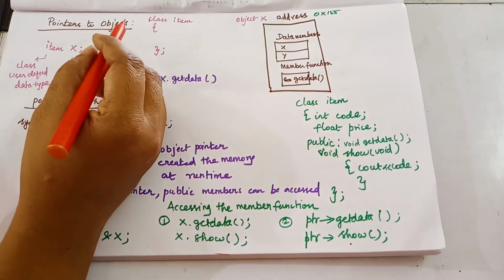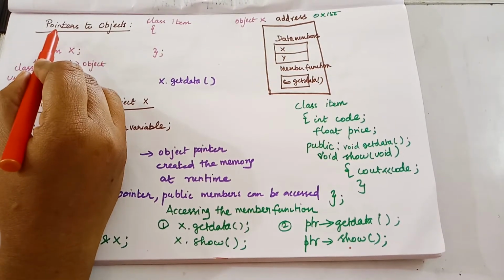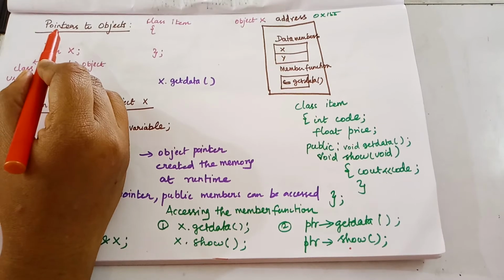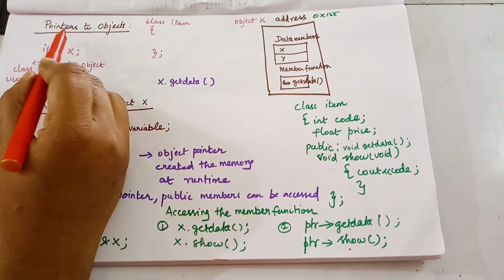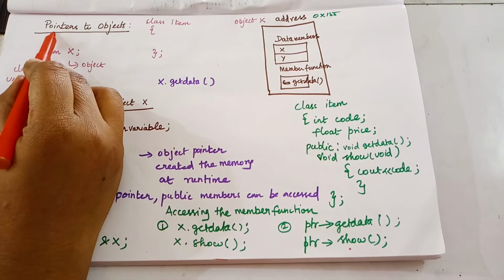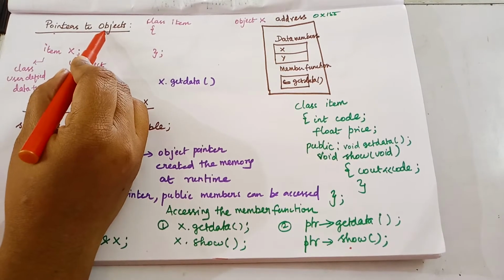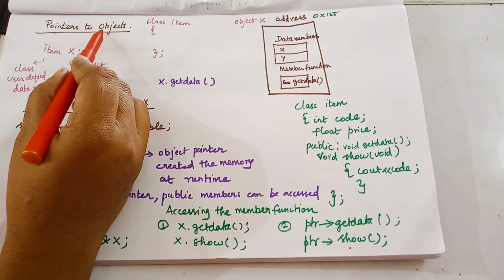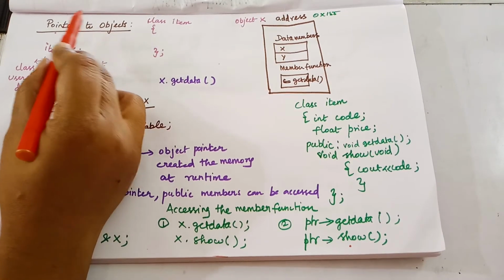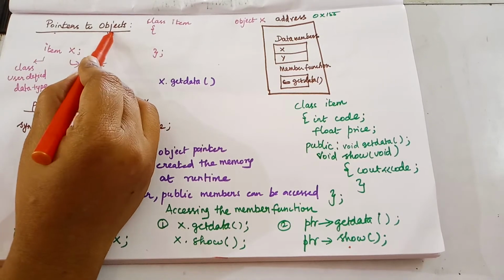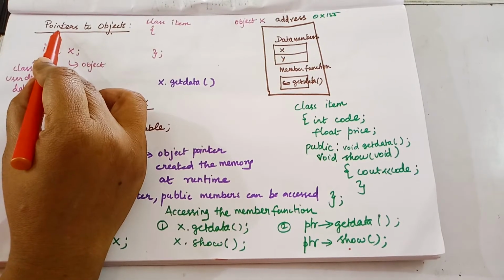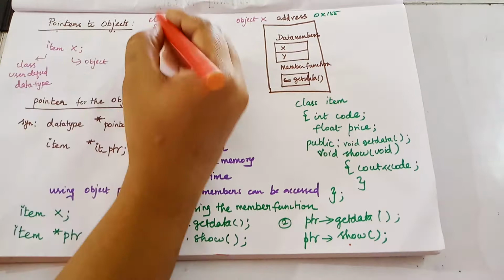Pointers to objects. Previously we created a pointer for a single variable or an array of variables. Here we are creating a pointer to an object. Very simple: the object's address is stored in a pointer variable. See this example.